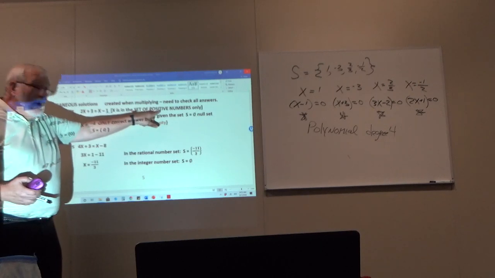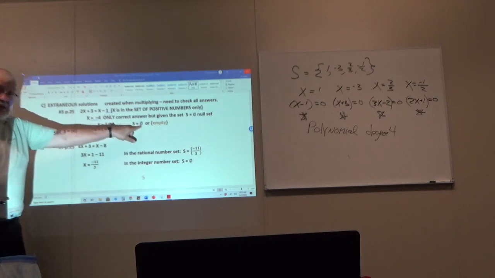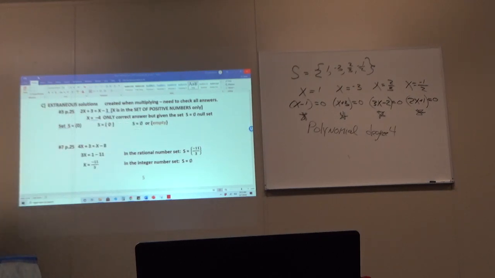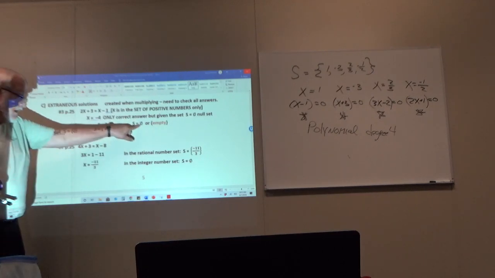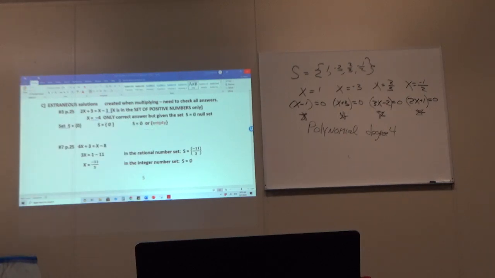So, are there any positive numbers that will satisfy this equation? The answer is no, and so we write the null set. We write this because we're talking about the empty set. All right, now look on page 25 in your book.